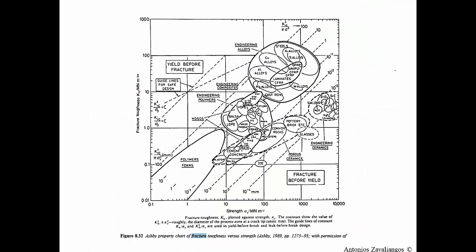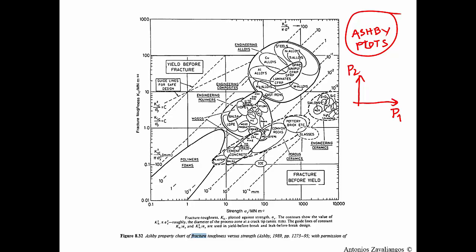This is actually a very interesting graph. These graphs are coming with the name of Ashby plots, and their characteristic is that essentially it's a representation of all possible materials on a map of two different properties.